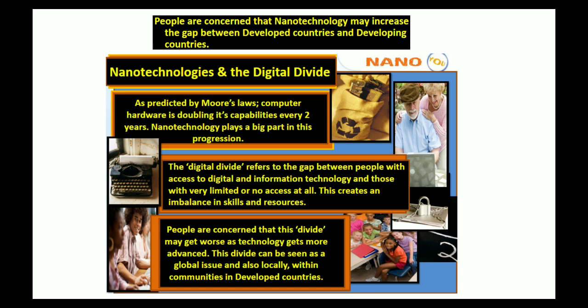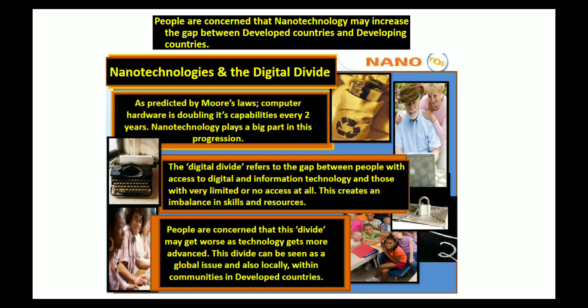I'm not going into details of this slide, but as you are going to be an expert in nanoscience and nanotechnology, you should be aware that there are some good things and some bad things possible. So, nanotechnologies and the digital divide. As predicted by Moore's law, computer hardware is doubling its capability every 2 years.